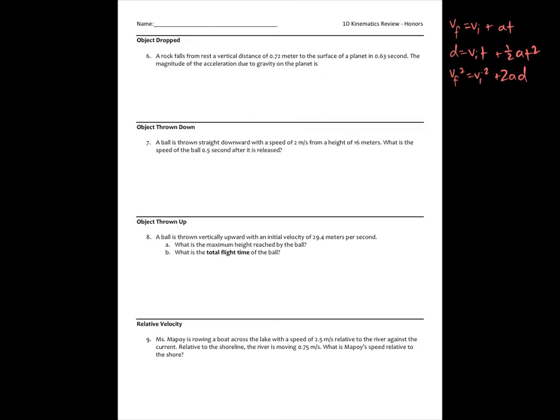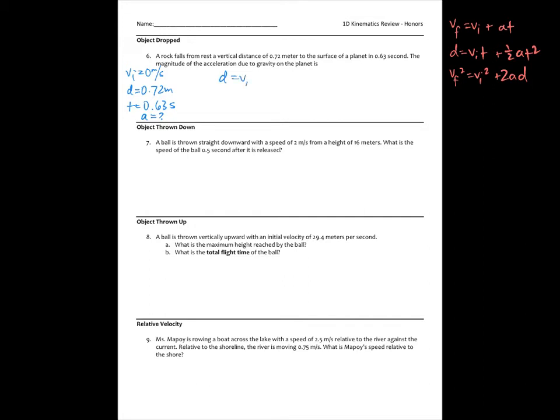Let's do color blue. A rock falls from rest. Remember that the initial velocity is 0 meters per second for our dropped objects. Vertical distance is 0.72 meters. Surface of a planet, and t equals 0.63 seconds. We are on a different planet than Earth, so our acceleration will not be 9.81. That's only valid for Earth.